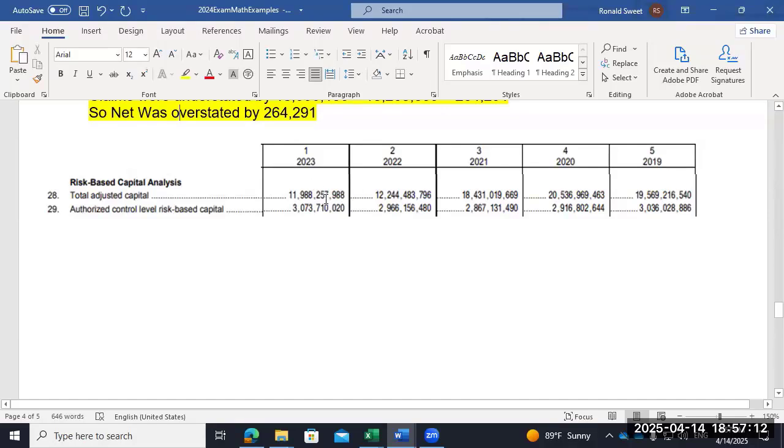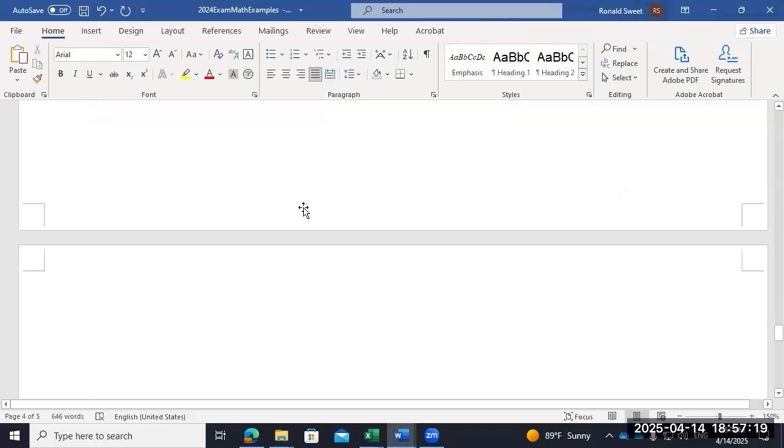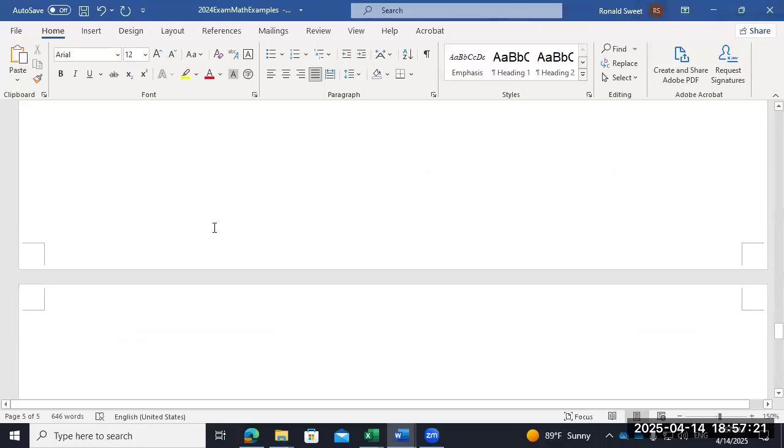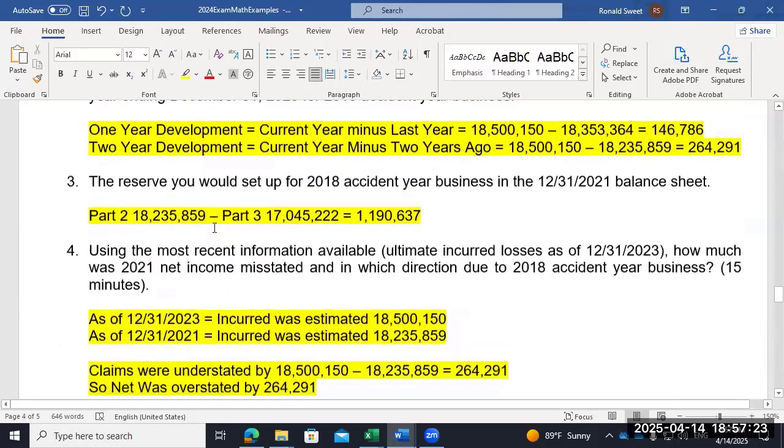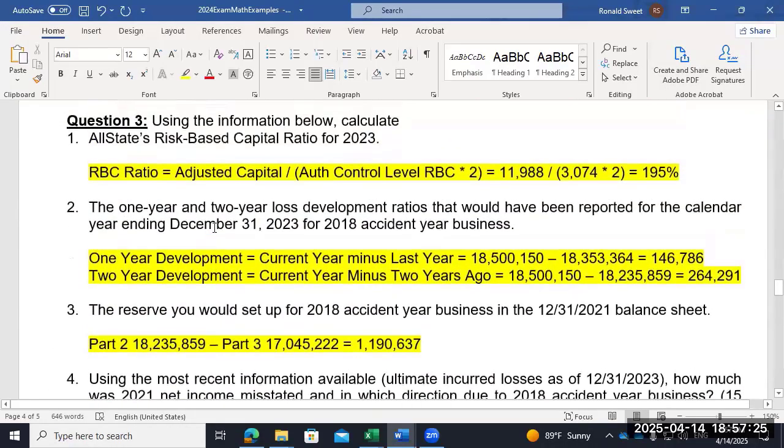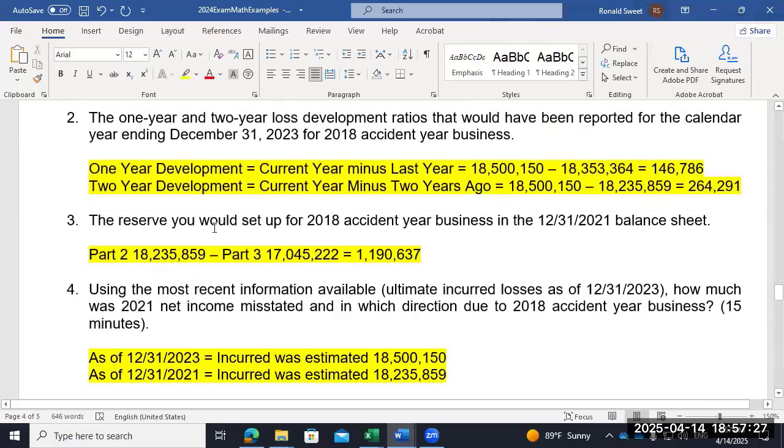For this one you can round, and I don't mind you rounding just because you're doing a ratio, so you're going to get pretty close. But I wouldn't round these numbers. It makes it easier for me to grade if you don't round, because then everybody has the same answer. But if you round it, it wouldn't be a big deal.